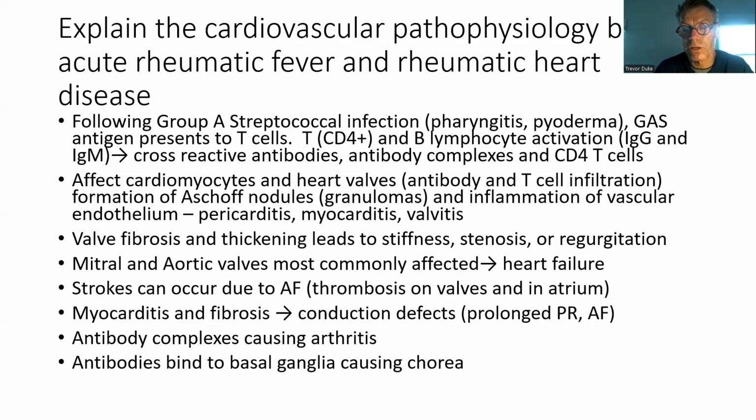The PR interval goes from the sinoatrial node to the AV node, and anything that lengthens the conduction between the sinoatrial node and the AV node, if there's a delay in that conduction, then there'll be a prolonged PR interval.